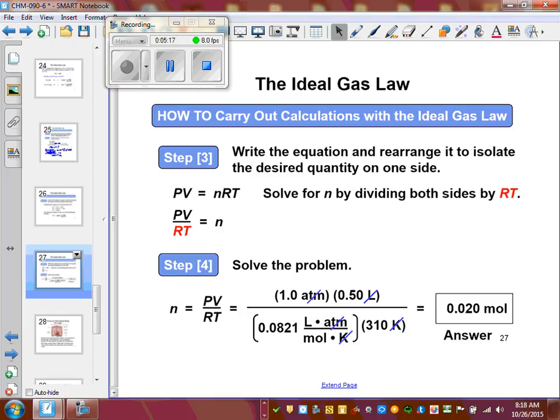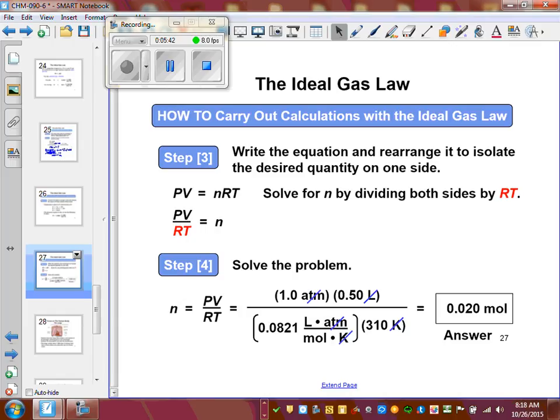Do you divide by 310? Yes. So if I solve for n in this equation, n is equal to PV divided by RT. So RT is on the bottom.